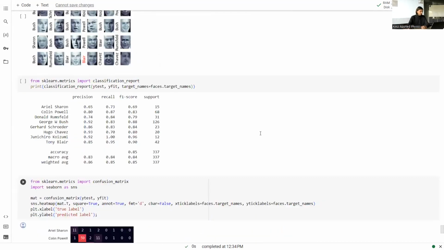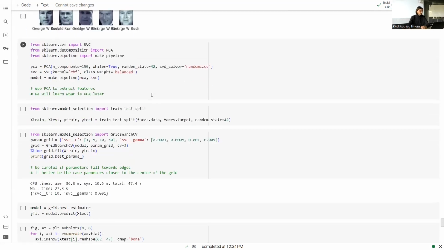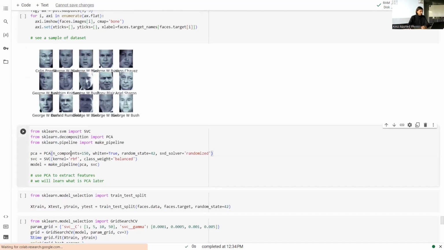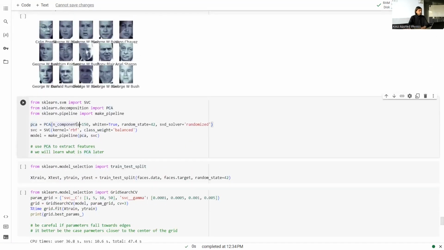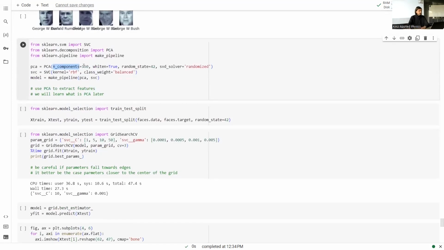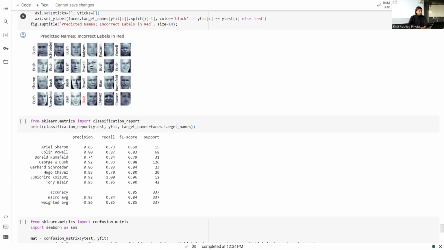Okay, here is a simple example where we are trying to classify faces with SVM. I'm not getting into that because I'm using the so-called PCA here, which I will tell you about a little bit later. It just compresses the image data into a manageable number of components, in this case 150. I'm performing support vector classification, and what I get at the end of the day is almost perfect classification.